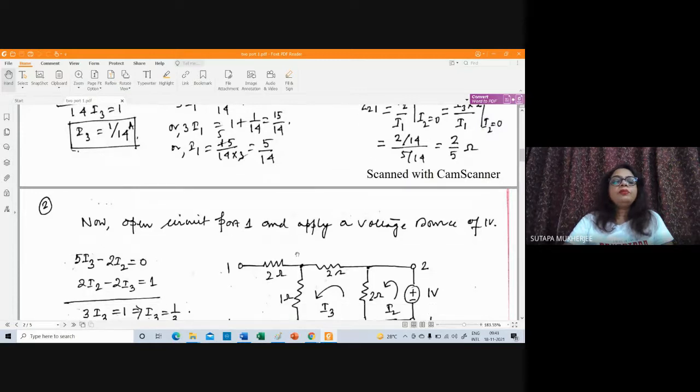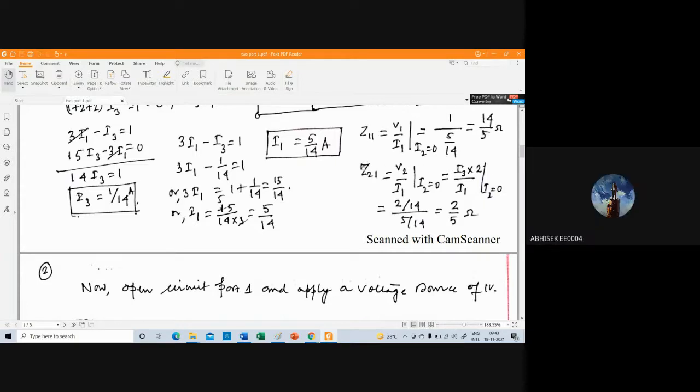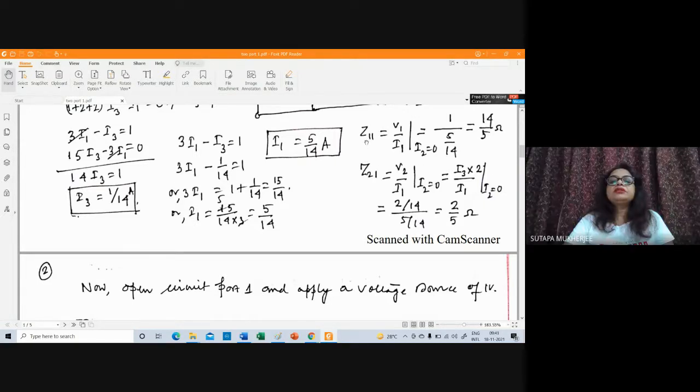So with port 2 open, what are the parameters you have got? Z11, Z21. So what parameters are left? Z12 and Z22. Fine.